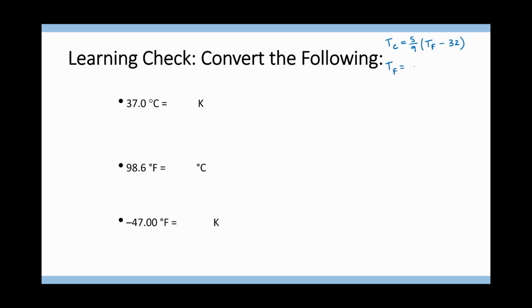Temperature in Fahrenheit is 9/5 temperature in Celsius plus 32. And then temperature in Kelvin is temperature in Celsius plus 273.15.